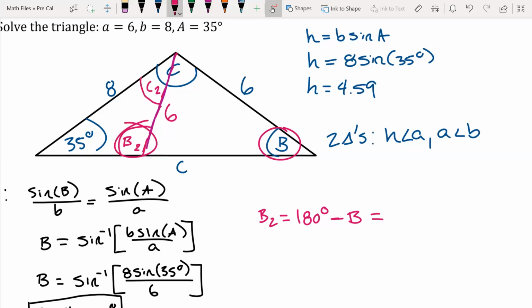It gives us the obtuse angle to 180. Think of it as a straight line, right? It's not 90, it's 180.